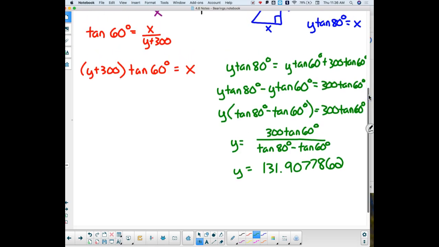Then, because I'm running low on time here, I'm actually over time already, to find x I just have to put that back into the blue equation up here. So I multiply that by the tangent of 80, and I get that the boat is 748.086 feet off of shore.